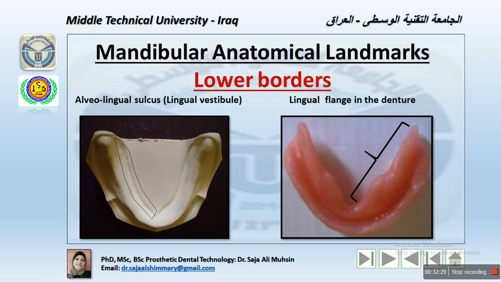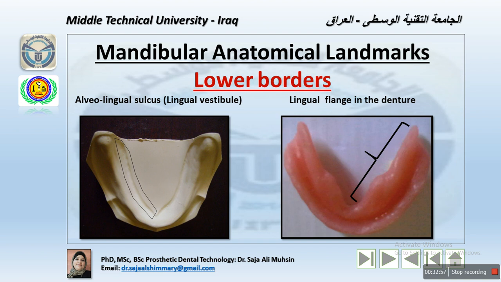is the largest vestibule that we have, and it is also affected by the raising of the floor of the mouth and relates to the lingual frenum as well. It is important to register all the details of this vestibule for the proper design of a complete denture.